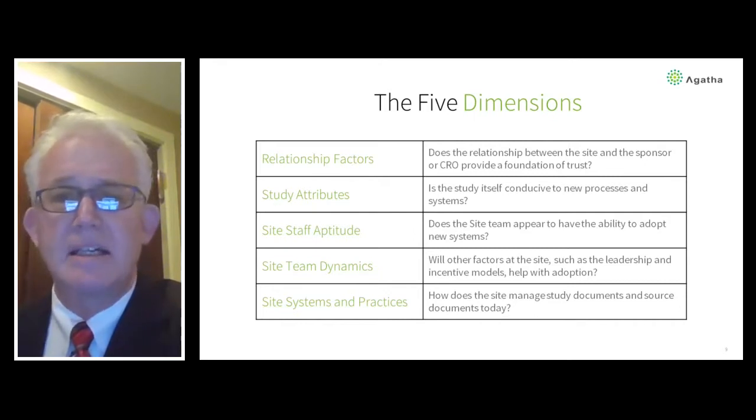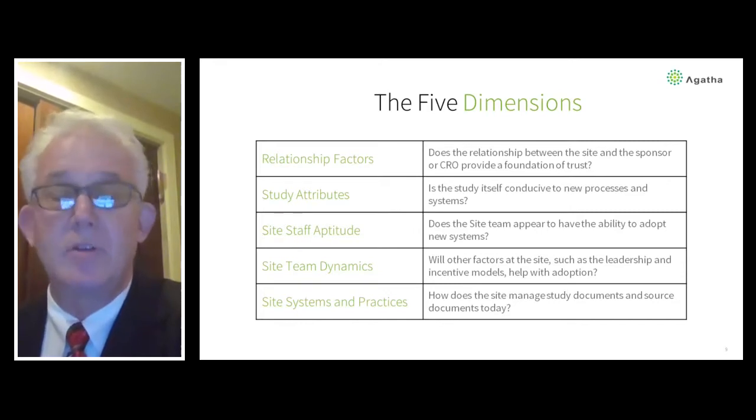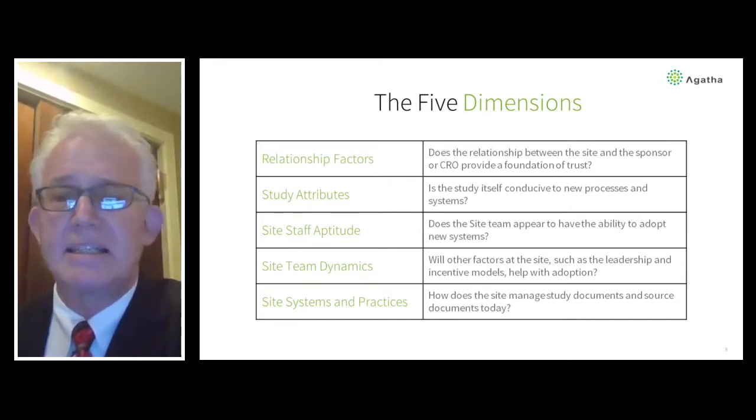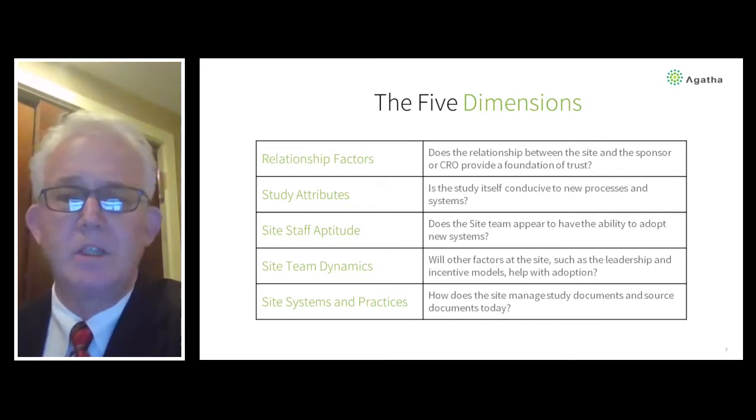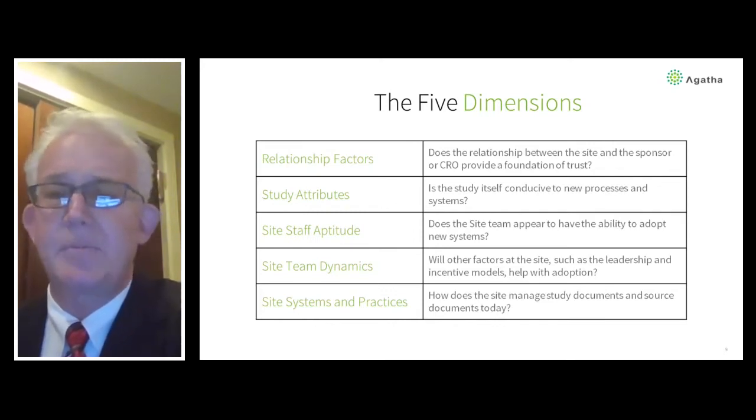The site staff aptitude. How do you assess the aptitude of the site admins to move to new processes like this? The site team dynamics. Is this a happy group? What's the leadership relationship to the CRAs, etc.? And the systems and practices they have in place. So these are 5 dimensions.